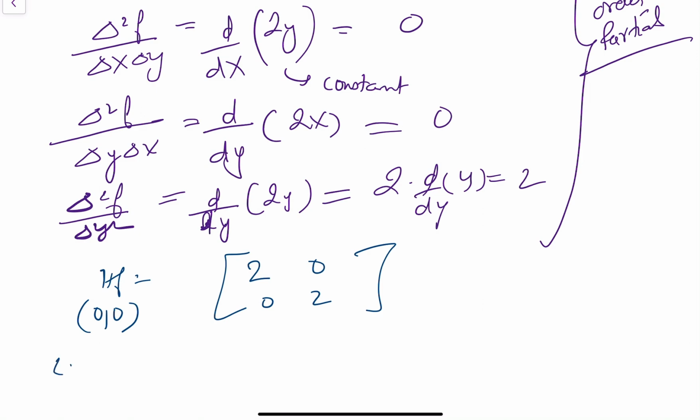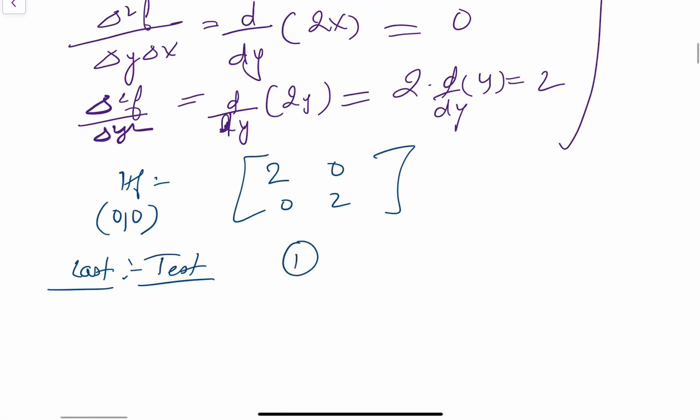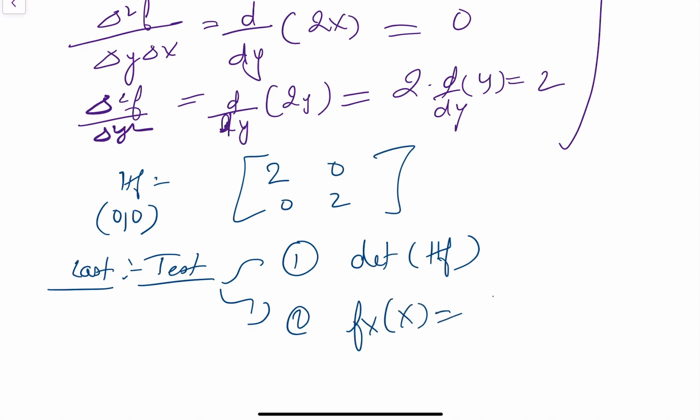Now my last step is the test. Once I have done my Hessian matrix at the critical point, I'll do my test, and I have to compute two things here. In the test I first have to compute the determinant of the Hessian matrix, and second I have to compute fx of x, which is simply del 2f by del x del x.